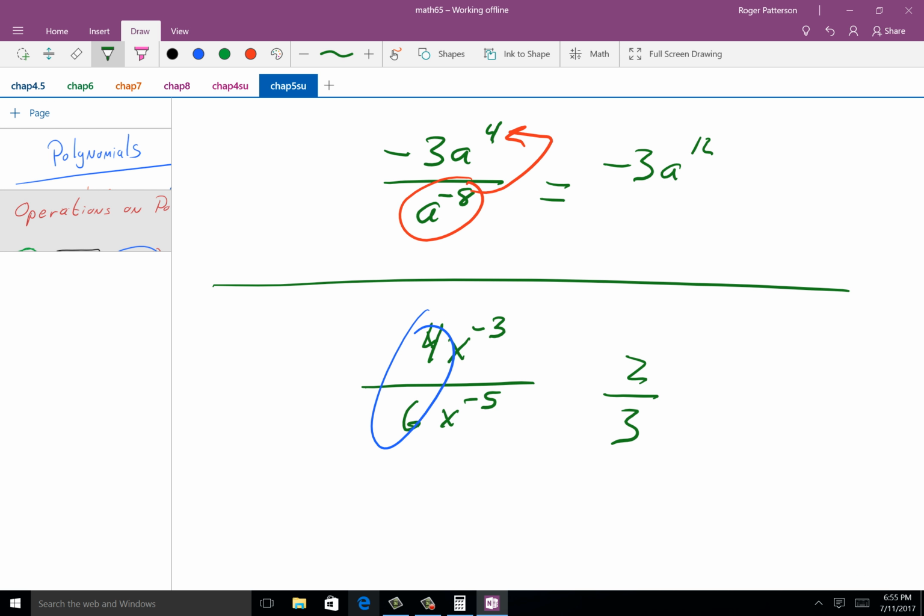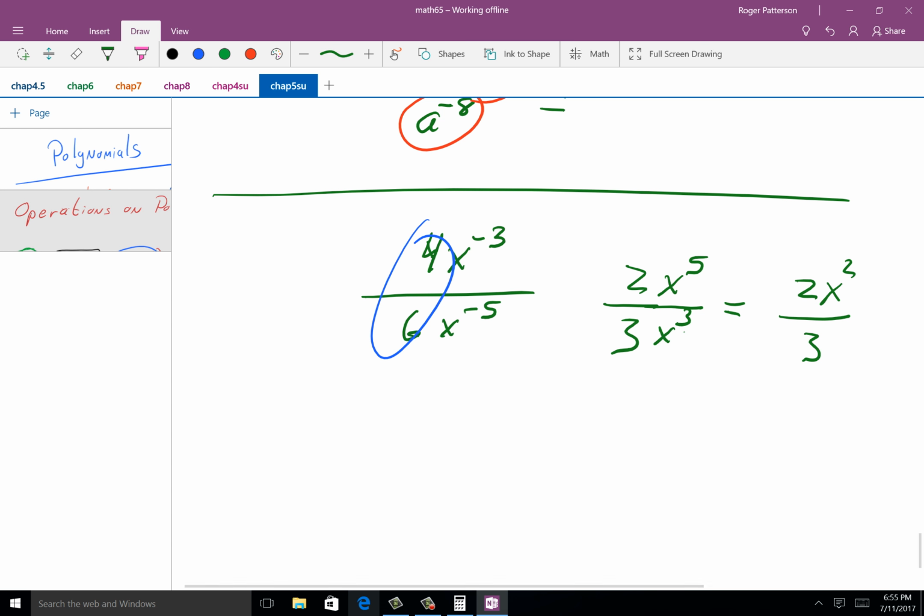This negative got to go to the top. This negative's got to go to the bottom. So they're going to switch. This one's going to go to the top. This one's going to go to the bottom. Now I have 5 on the top, 3 on the bottom, so that's going to reduce down to 2. So it would look like that.